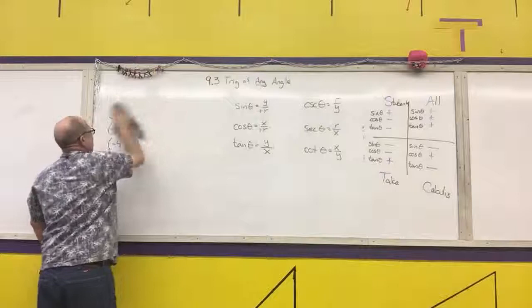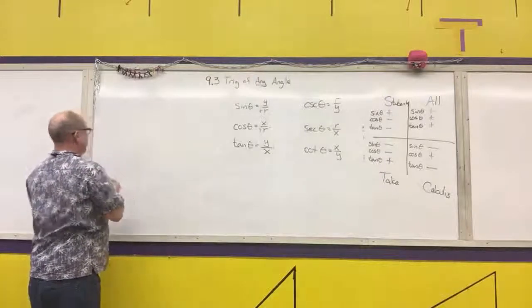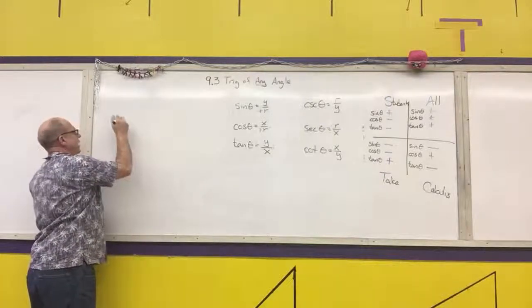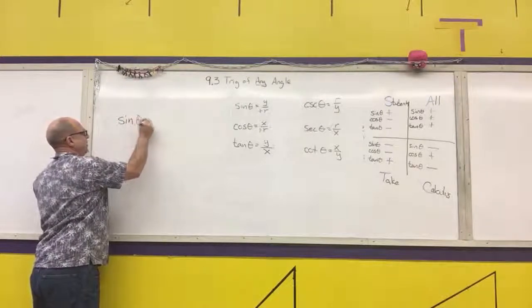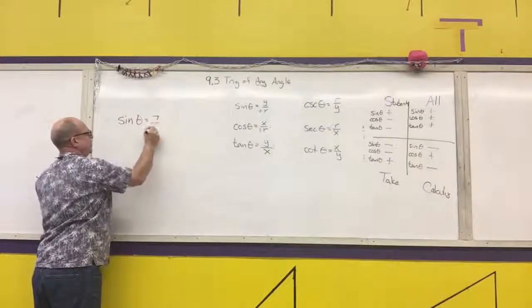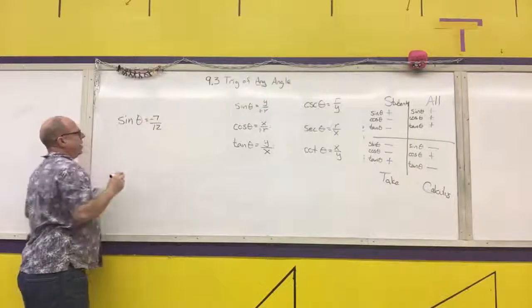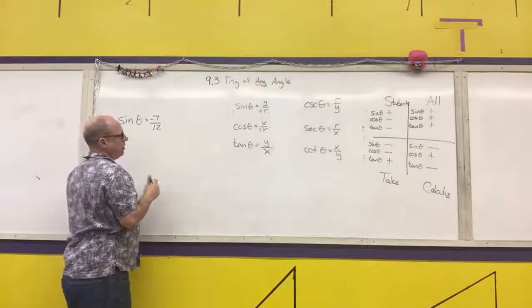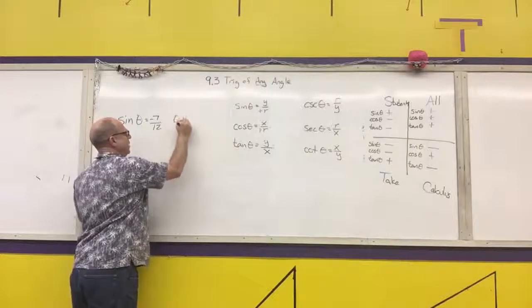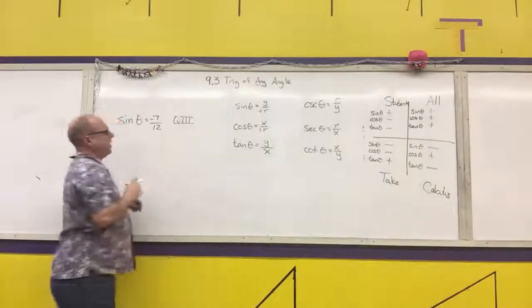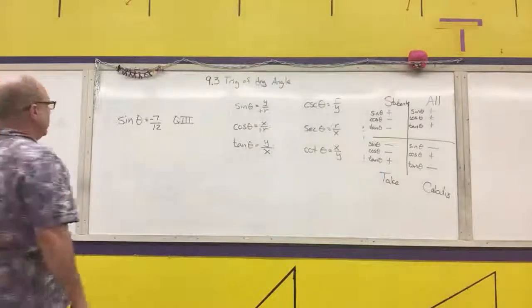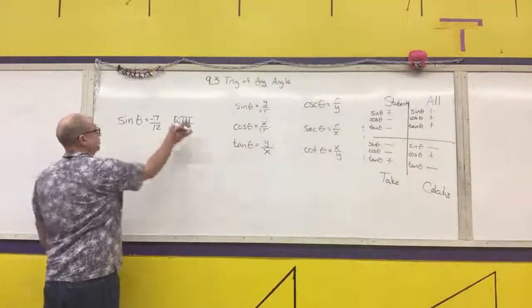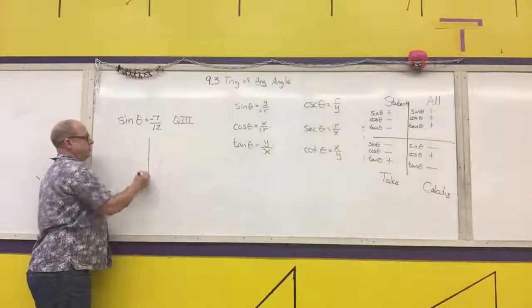For example, if I tell you that the sine of theta is equal to negative 7/12, and that you are in quadrant 3, you should be able to come up with the values of all the other trig functions. So the way you're going to do this is you're going to draw me a quadrant 3 angle.